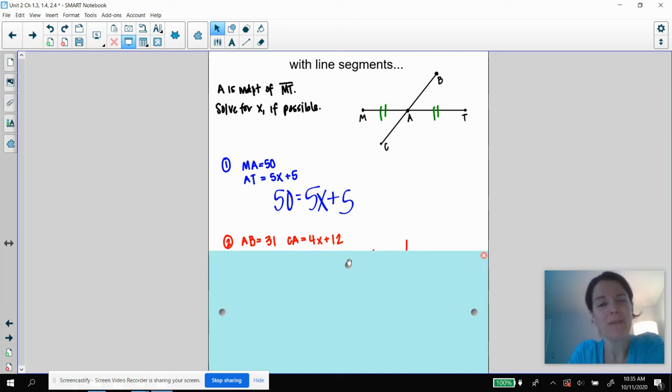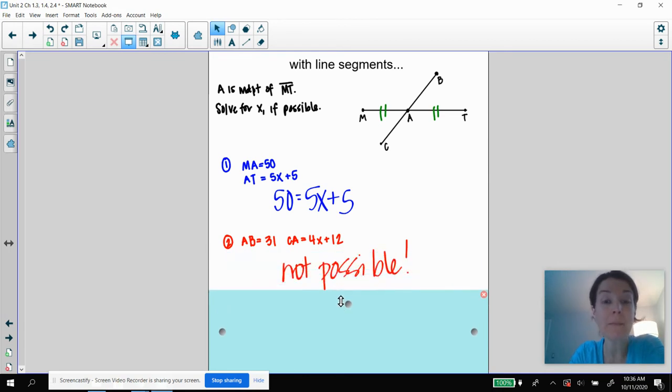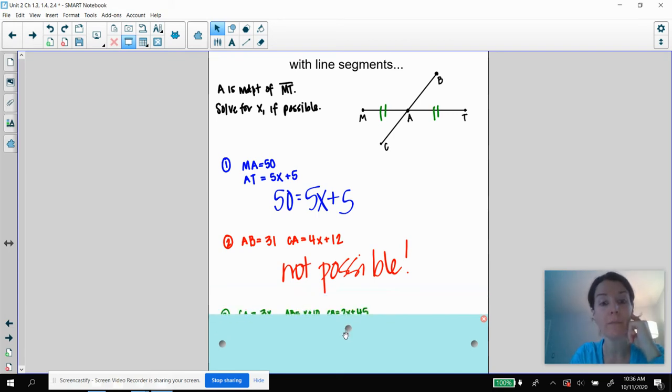All right, so you might have seen a little on the bottom, but look, AB equals 31 and CA equals 4x plus 12. This problem is actually not possible. And it's not possible because I don't know that A is the midpoint of BC. But if I gave you this, go ahead and pause the video, set up your equation, and solve it.